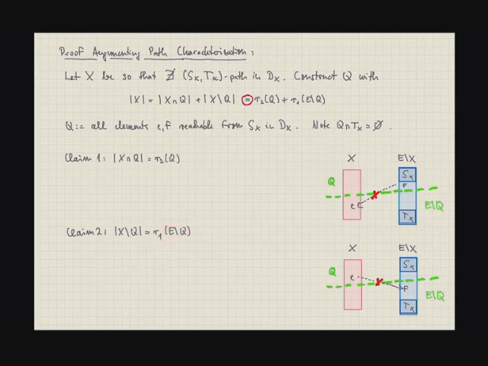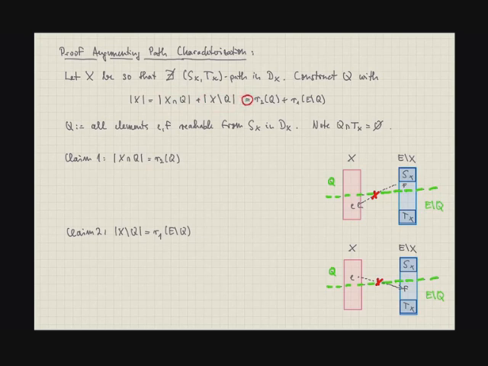So that means if we have equality here and here, we will have that this is equal to the rank of Q and this is equal to the rank of E minus Q, and hence we get equality here, and that's exactly what we need.